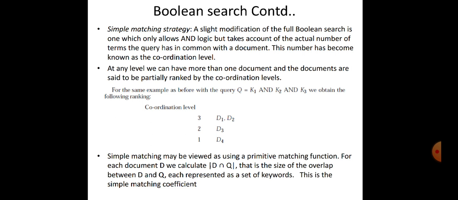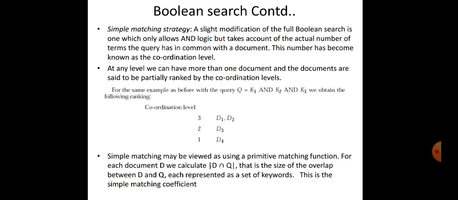And D1 and D2, present in coordination level 3, contain all three parameters of the query. Like this, we can arrange the query parameters in different levels. That is what is happening inside this simple matching strategy.